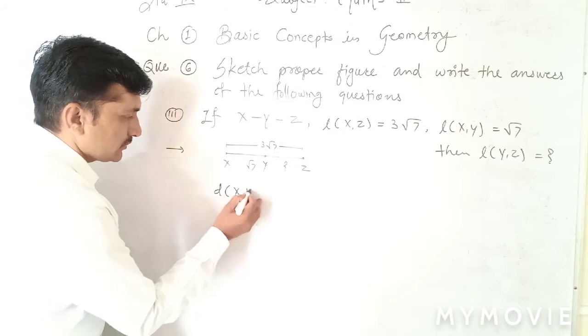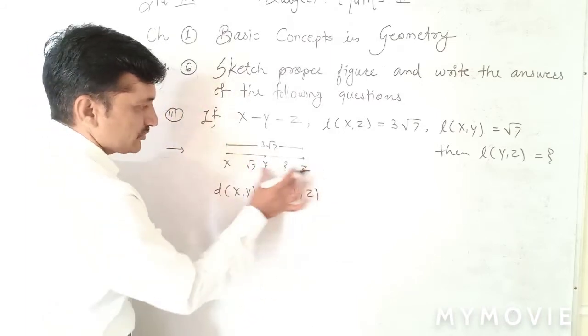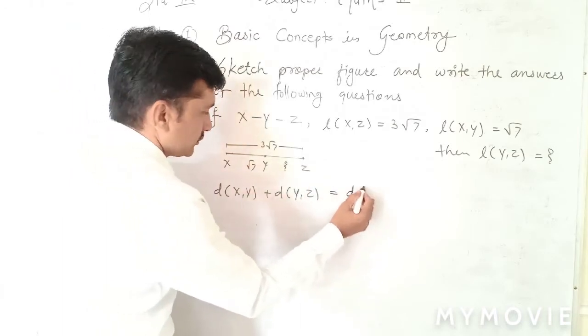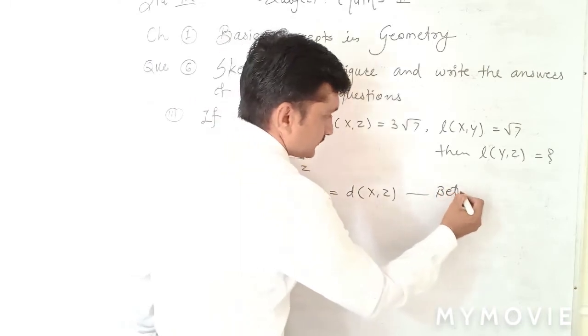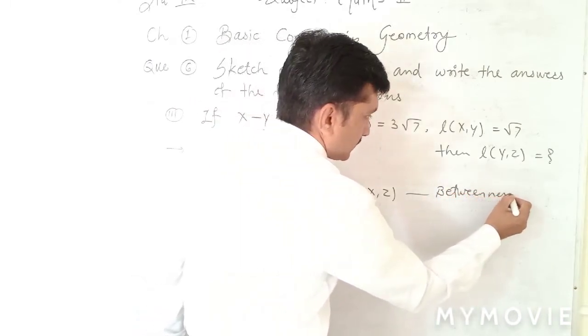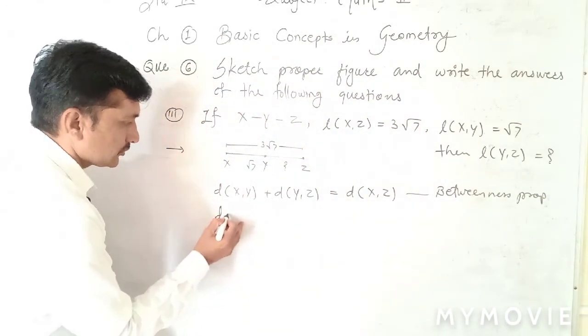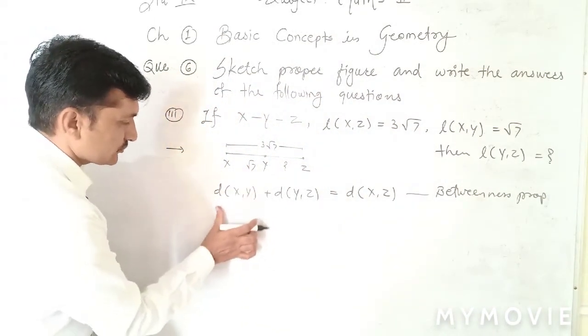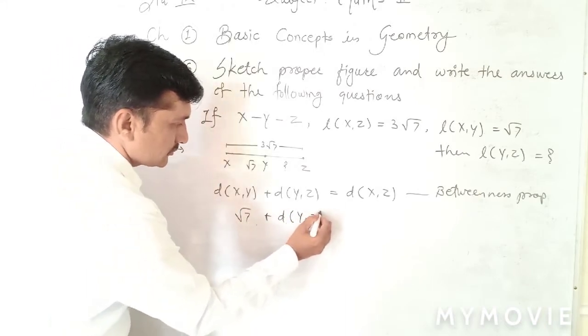Distance XY plus distance YZ, the addition of these two segments, is equal to the total distance XZ, by the betweenness property. Now put values. Distance XY is square root of 7 plus distance YZ, which we have to find.